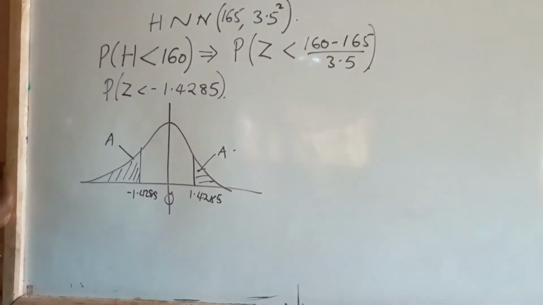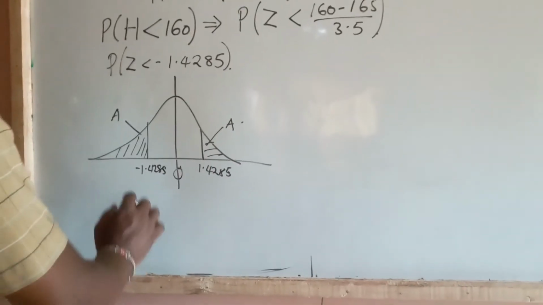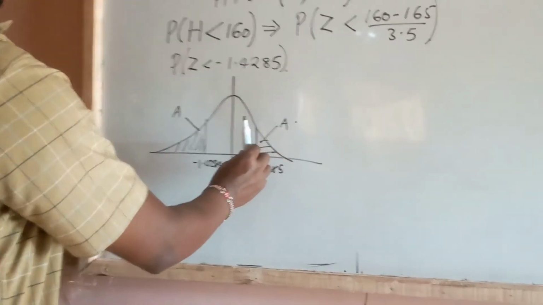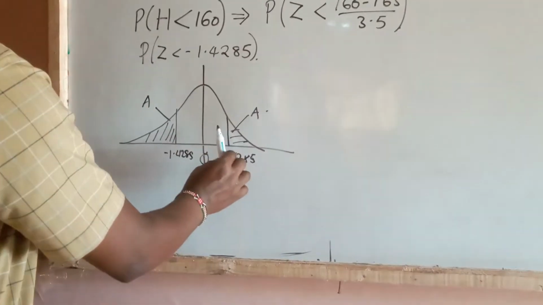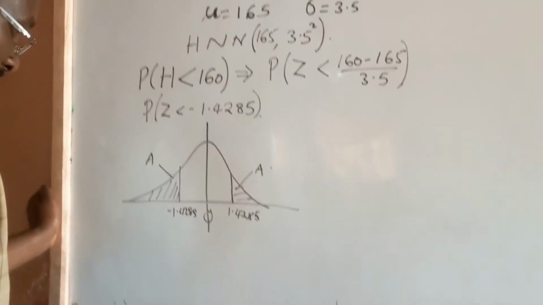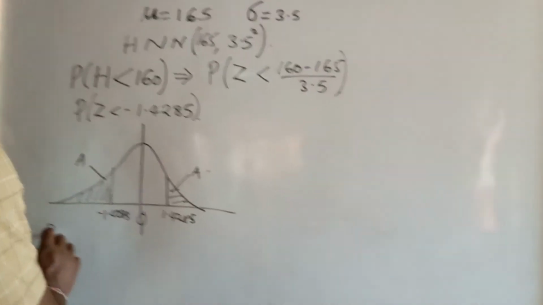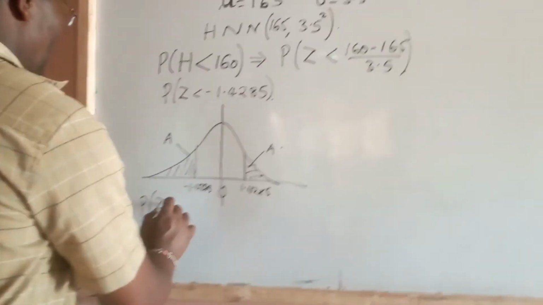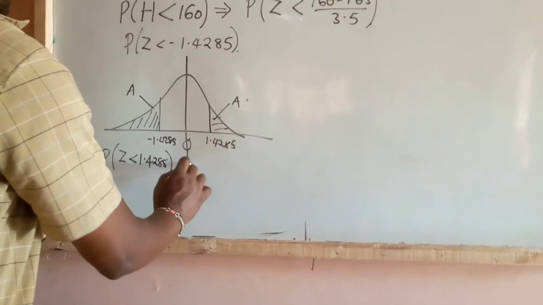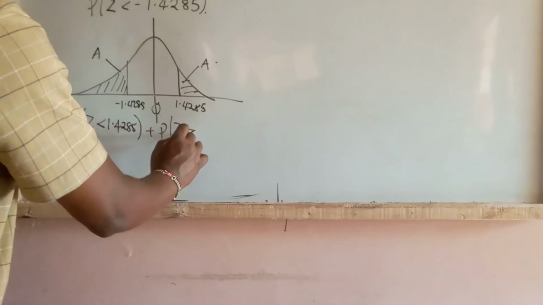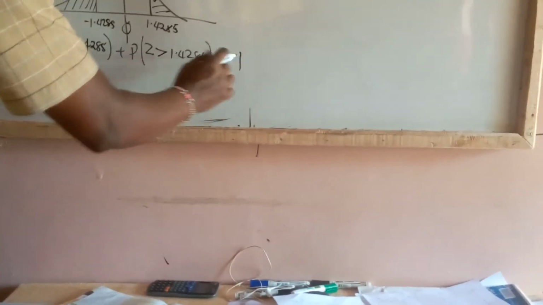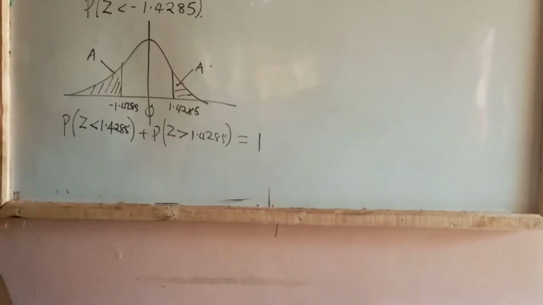At that point, if we talk about the probability of the region less than this, when we add it with the region greater than that boundary, we should always get a 1, meaning that the probability of Z less than 1.4285 plus the probability of Z greater than 1.4285 should give us 1, because we are talking about the whole model.